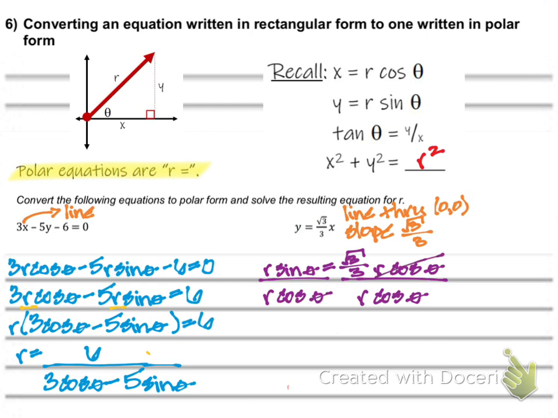Well, on the right-hand side, that stuff cancels, and on the left-hand side, the r's cancel. And I'm left with the tangent of theta is root 3 over 3.